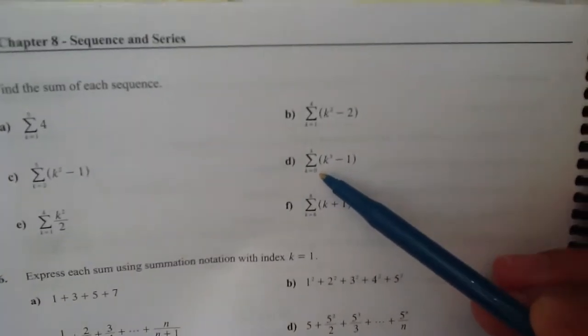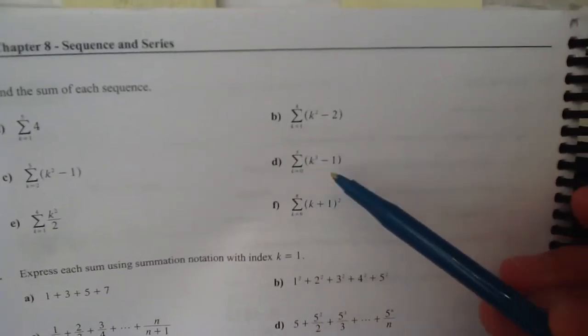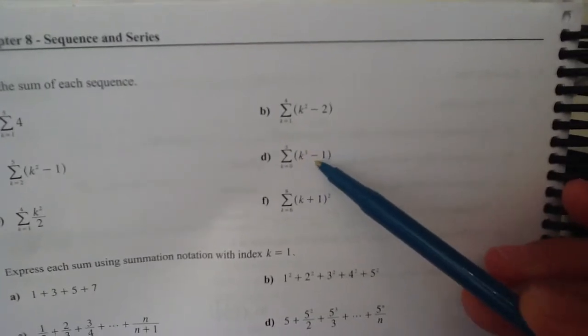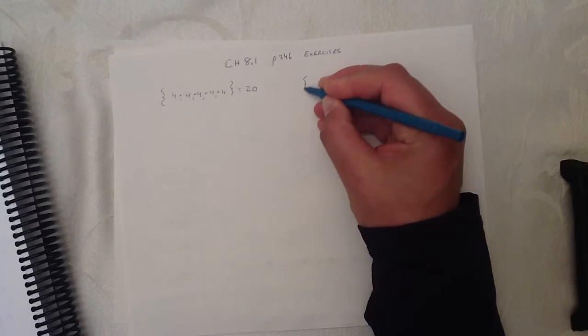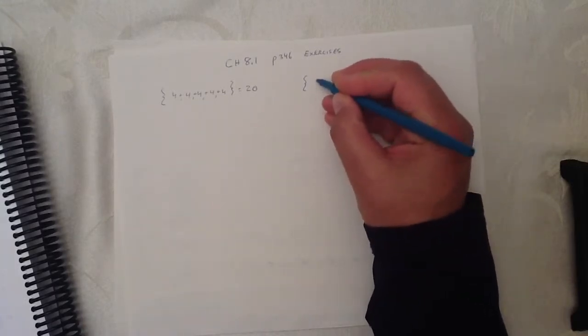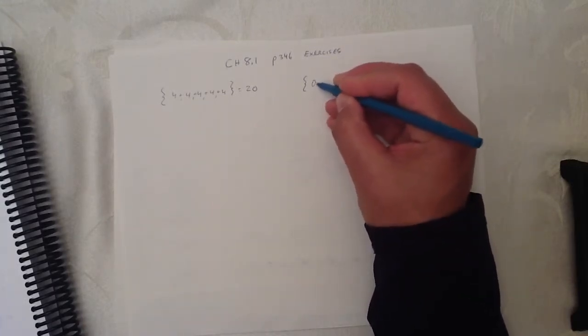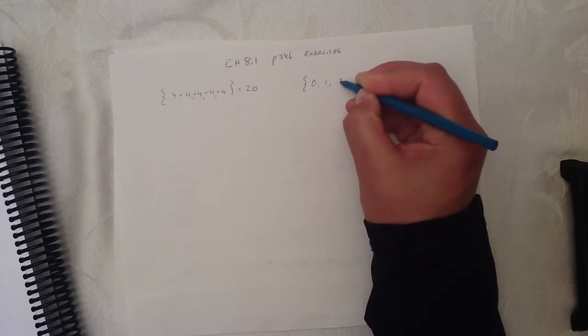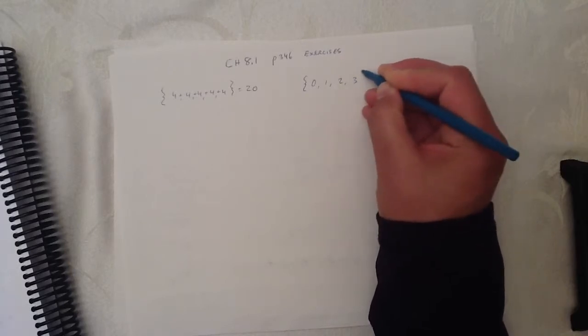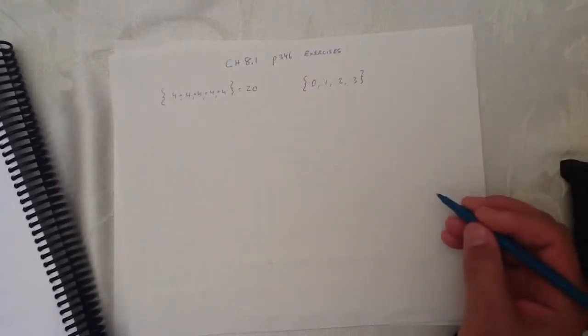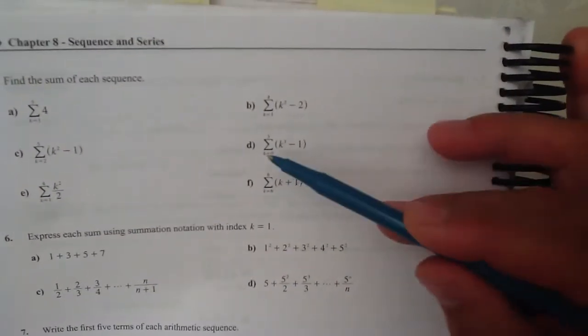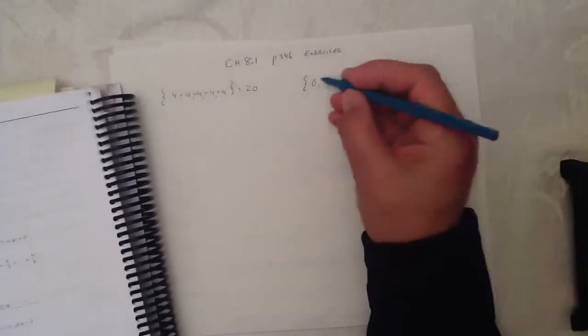Here it's from k equals 0 to 3, k cubed minus 1. So that one is 0, 1, 2, and 3. But those are plugged into this formula here. Sorry, this isn't accurate.